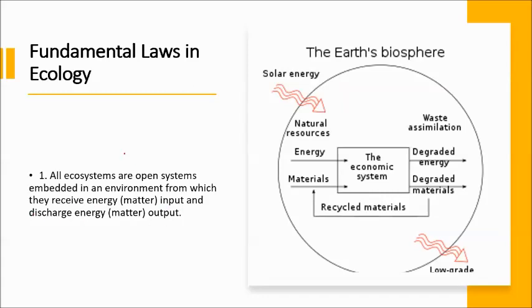It was discussed earlier that an ecosystem is an open system. So there would be matter coming in and coming out of that system. If there is matter and energy entering, there is also matter and energy output.